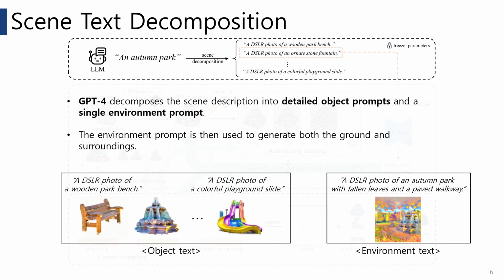For example, the object prompts might be a DSLR photo of a wooden park bench or a DSLR photo of a colorful playground slide. And the environment prompt could be a DSLR photo of an autumn park with fallen leaves and a paved walkway. This environment prompt is then used to generate both the ground and surroundings.